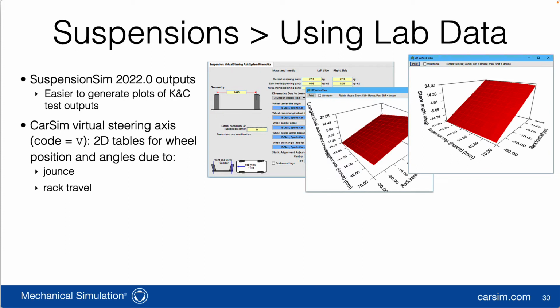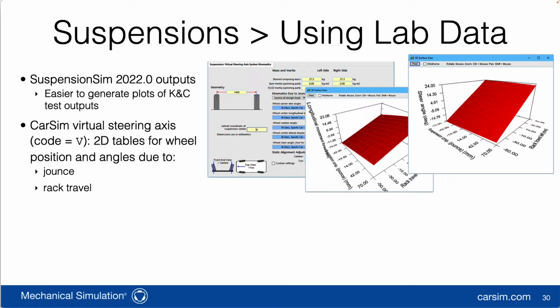And instead of having the jounce at this side and the jounce at the other side, it has jounce and steering rack as independent variables. So those will be used to get the wheel orientation. It's harder to do than to get that data. You have to have a really specialized set of KNC tests, but if you have them, we can make use of it now.